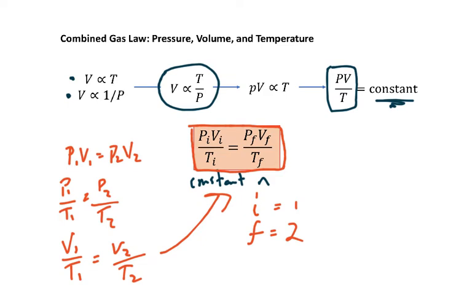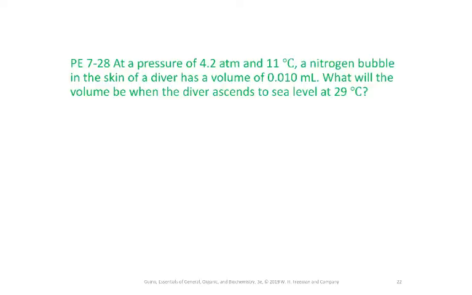Okay. All right, so let's test it out. Let's see what happens if we change more than just one thing or 2 things. All the previous questions, we held 2 constant. And now we're going to see if we allow pressure, volume, and temperature all to change, then what? And we're going to approach this the same way. So we have at a pressure of 4.2 atmospheres and 11 degrees Celsius.